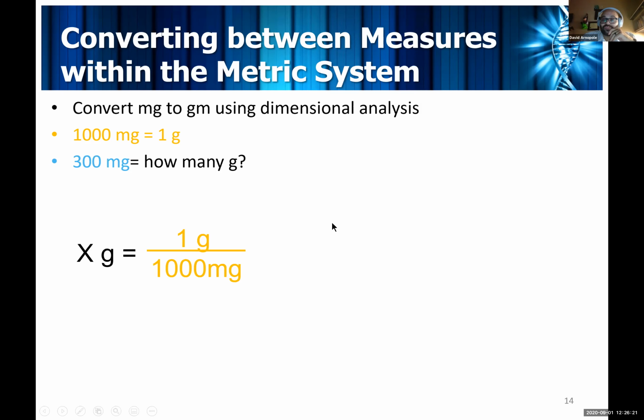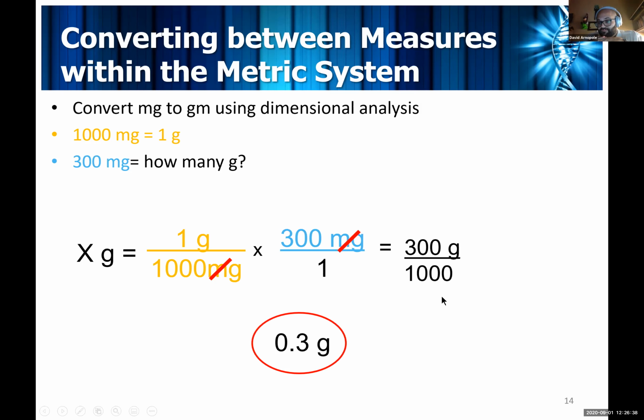Now I need to cancel that milligrams, just like we've been doing. I pull something down, that 300, which will allow me to cancel my suffixes. I have nothing left on the right side of the equation for suffixes except for what I need, which is grams. That means I can multiply across and divide. The answer on the exam would be 0.3, not 0.3 grams.